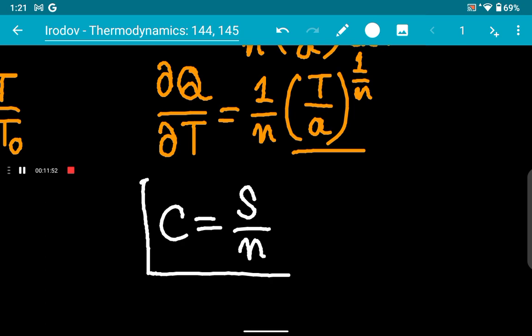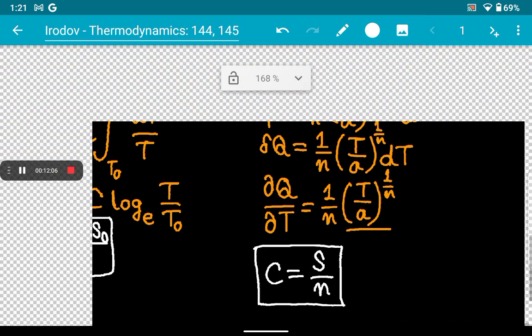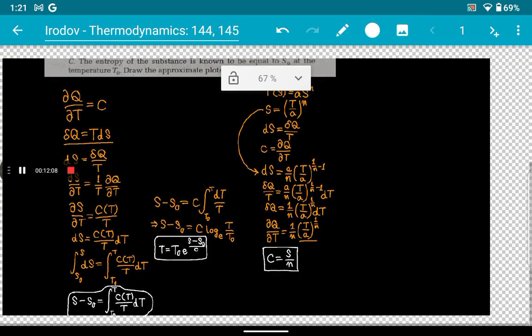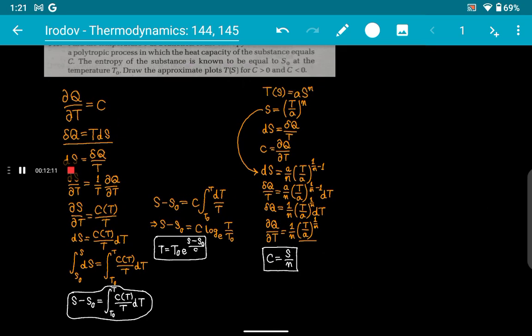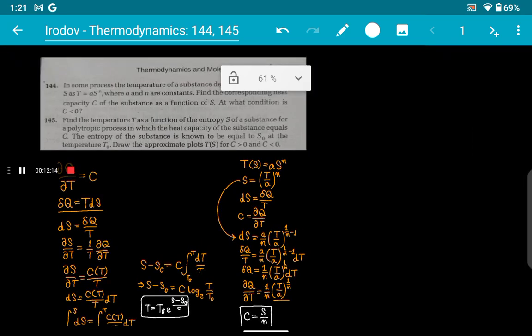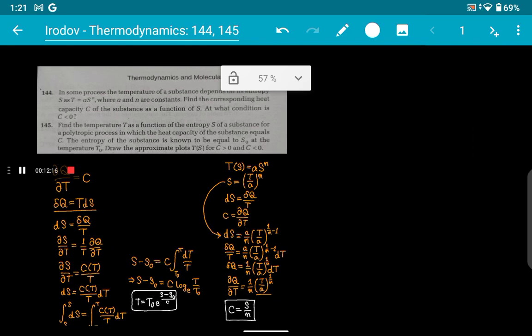This problem is a little more important than the previous one from the view of JEE Advanced. This can be asked in single correct type or something like that. The objective of solving these two problems was basically to give you a view of the relation between entropy and temperature.